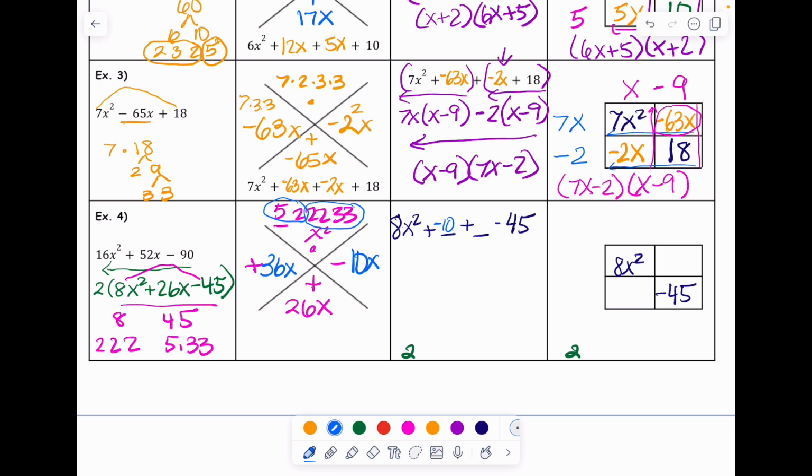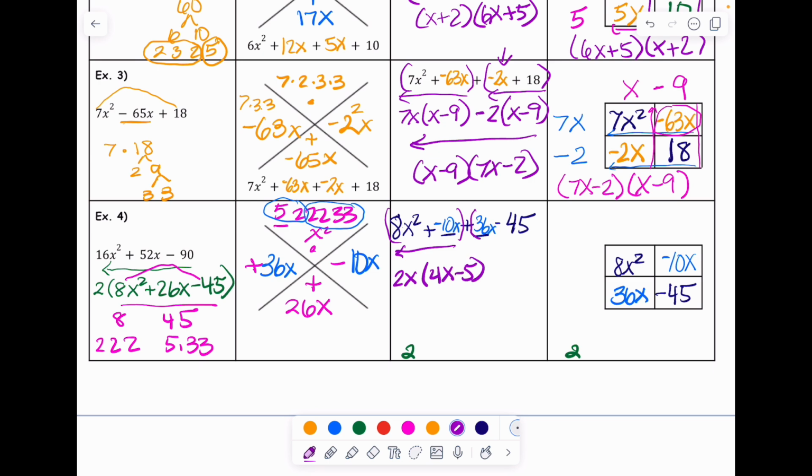I'm going to make my life a little bit easier by putting negative 10 first. It doesn't really matter. It just makes less errors. And so negative 10x and then 36x. Okay, cool. So now we'll do it on this side, factor by grouping. We can see that we'll have a 2 in common and an x. So we'll end up with 4x minus 5.